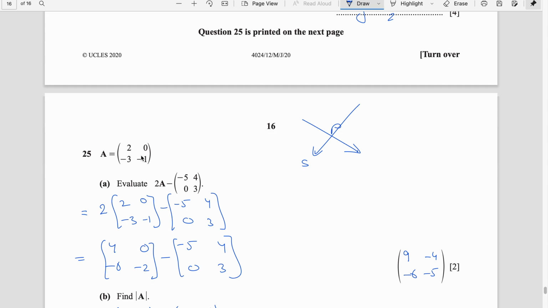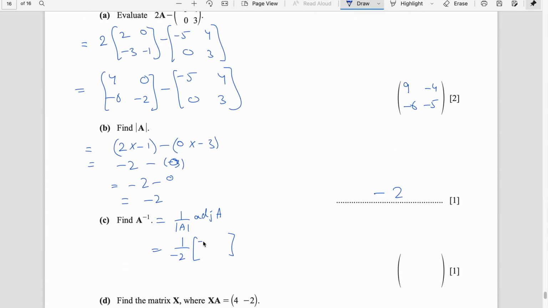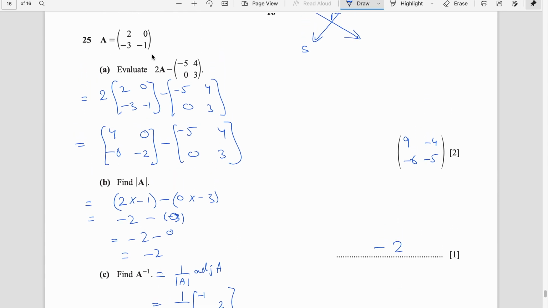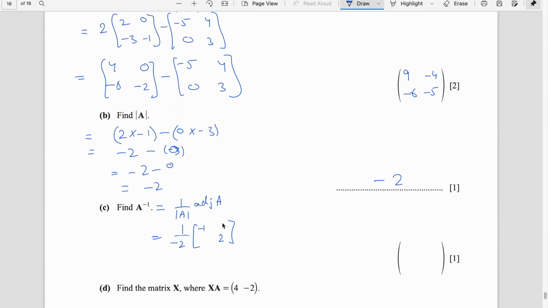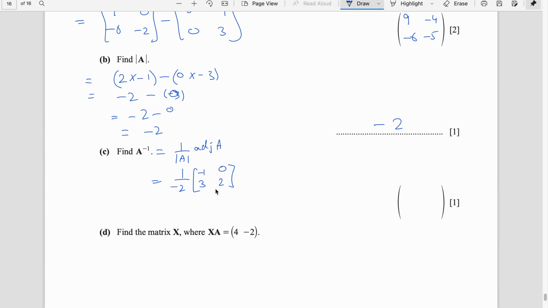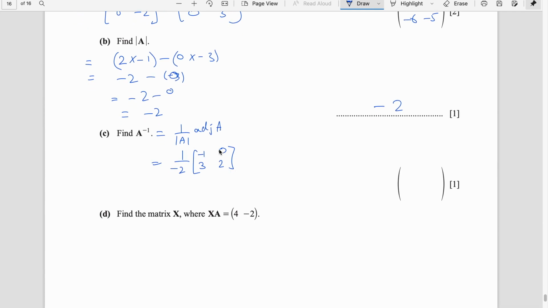So we change the places of minus 1 and 2, and sign change 0 and positive 3. You can leave them as they are or divide all the values by 2. Both are correct. So this is minus 1 by 2, that is 0. This is minus 3 by 2, positive 1 by 2. And 2 by minus 2 is minus 1.